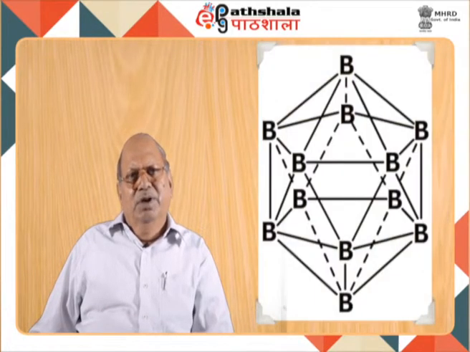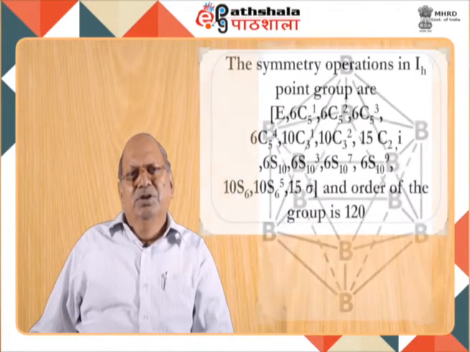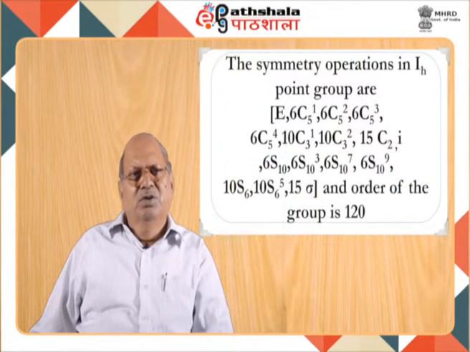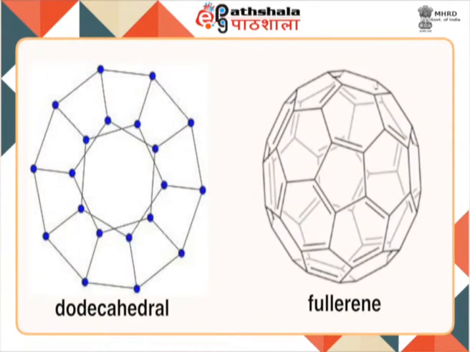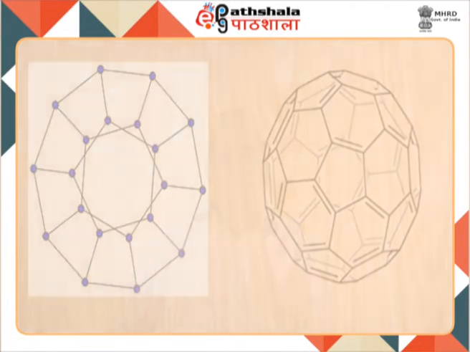The B12H12 2- ion is an example of a regular icosahedron. As shown, the symmetry operations in icosahedral are given as shown. The order of the group is 120. Some more examples of icosahedral are dodecahedron and fullerene, which are given.